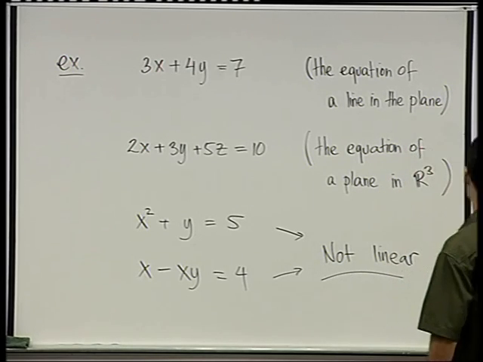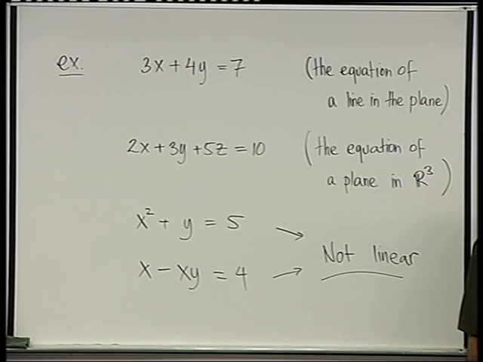Okay, what is a solution to a linear equation? We're going to call it a solution vector because we're going to write it as a vector, and you'll see why shortly. A solution vector is something of the form x1, x2, dot dot dot, xn. This is a row vector, so it's a 1 by n matrix, right?